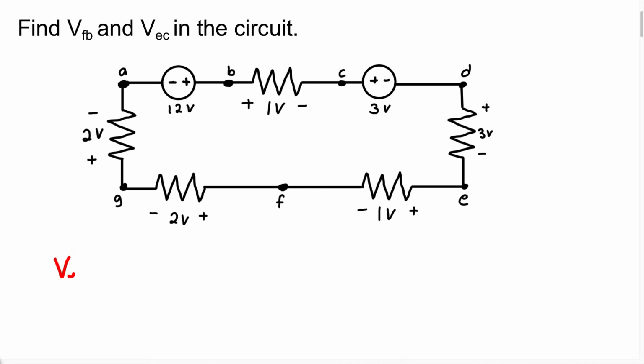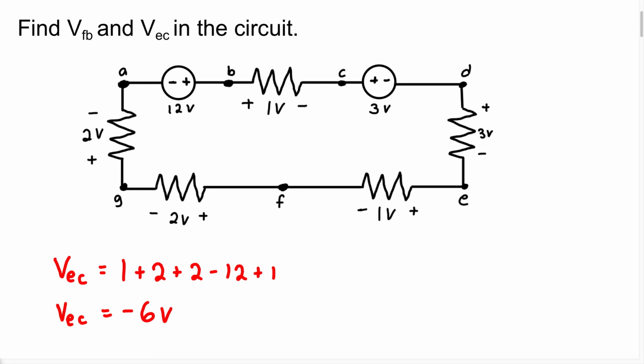We can say VEC equals 1 plus 2 plus 2 minus 12 plus 1. When you solve for this, we have 1 plus 2, that's 3, plus 2 is 5. 5 plus 1 is 6. Then negative 12 plus 6 is going to give us negative 6 volts. So that's one way to do that problem.